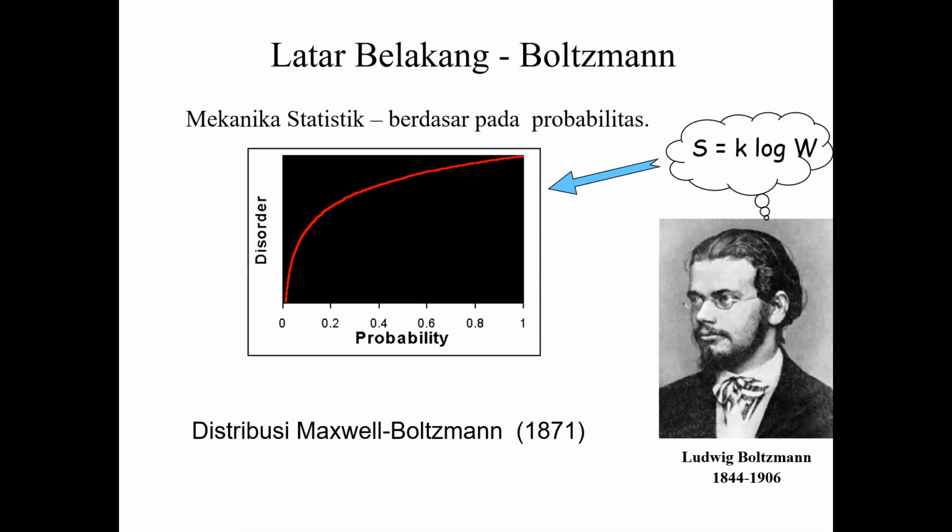So if the system becomes chaotic, for example, then the change of entropy becomes positive. So the process becomes irreversible. Irreversible means that we cannot go backward in time.